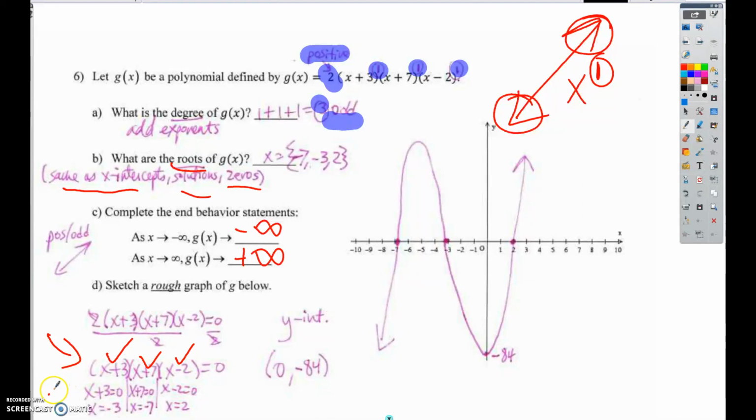I'm setting each of these factors equal to 0 and solving. I get x plus 3 equals 0, x is negative 3, x is negative 7, x is positive 2. So I'm going to list my zeros, solutions, or x-intercepts here, and I'm going to graph those 3 points that I solved for.